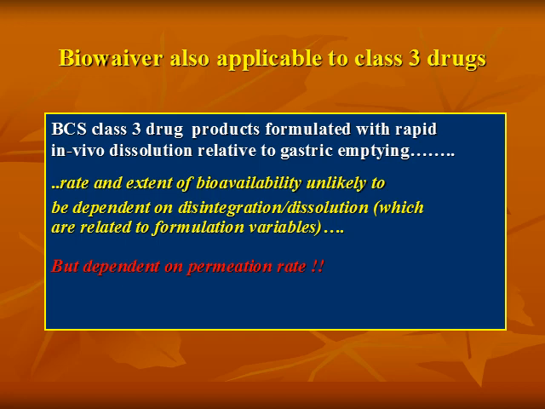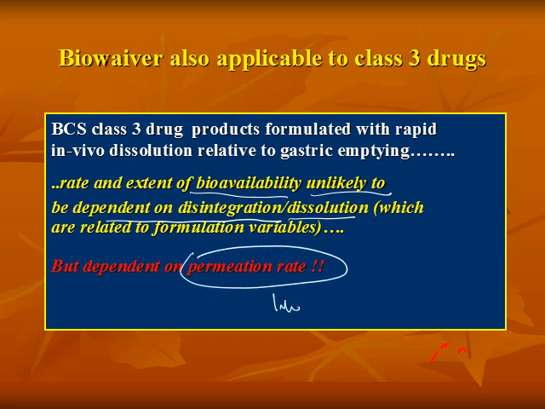So bio-waiver is also applicable to class 3 drugs. So BCS class 3 drugs, products formulated with rapid in vivo dissolution related to gastric emptying, because the rate and extent of bioavailability is unlikely to depend on dissolution, but is related to permeation rate, which is inherent to the drug molecule.